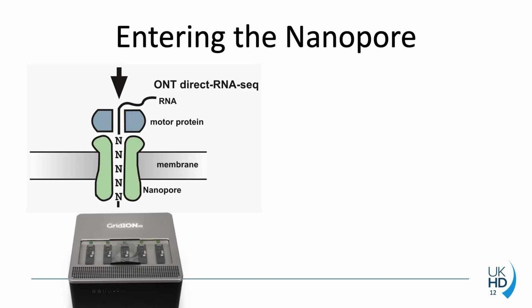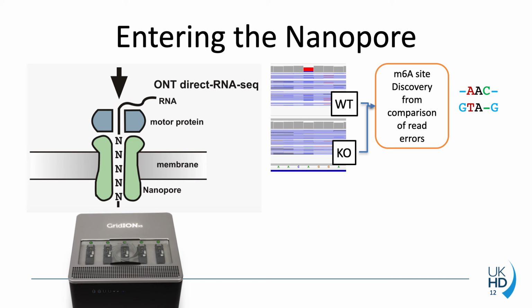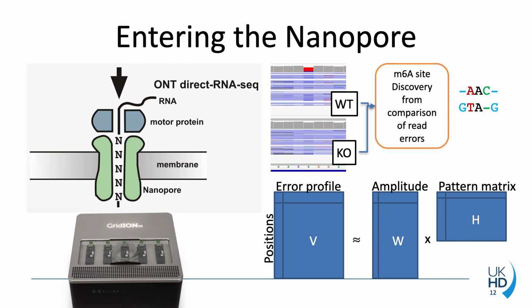Now let's move on to the Nanopore. I was already introducing to you this technology where a single molecule with base modifications preserved is threaded through a nanopore. And here the approach is, again, a comparative approach where we're using HEK293 cells again, the wild type situation and the knockout situation, and the m6A discovery is facilitated by looking at characteristic read signatures, which are either insertions, deletions, or transitions.